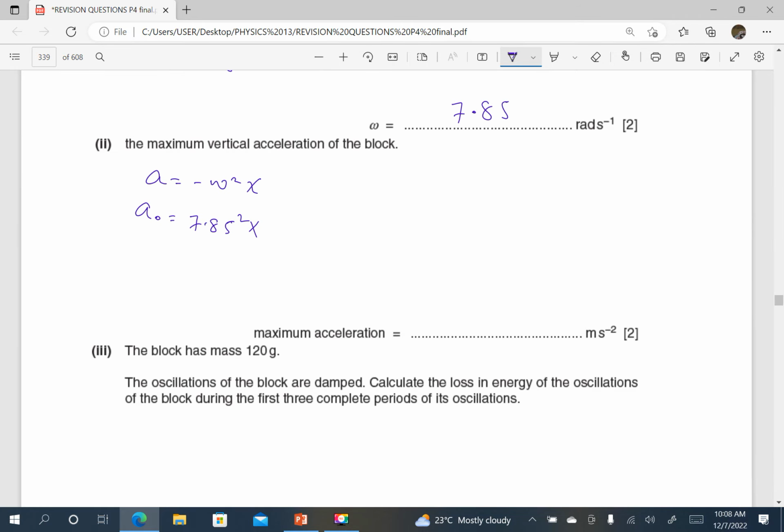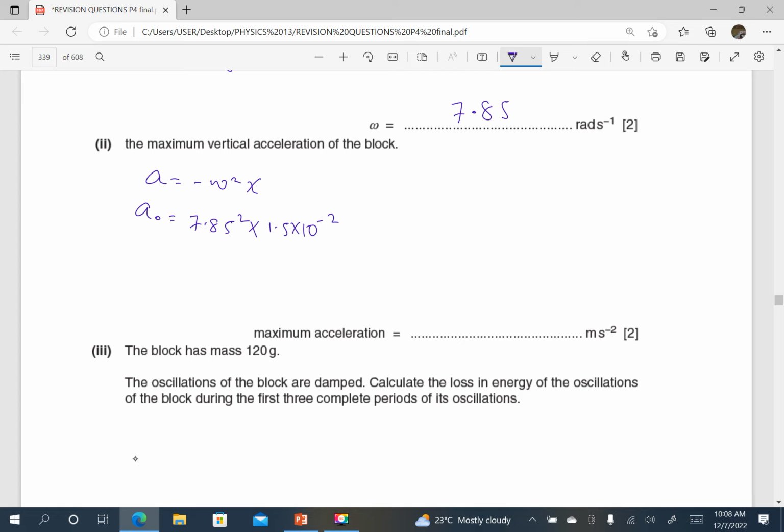So the maximum displacement is 1.5 times 10 to the power negative 2 because it is in centimeters. So 7.85 squared times 1.5 times 10 to the power negative 2 gives 0.92.